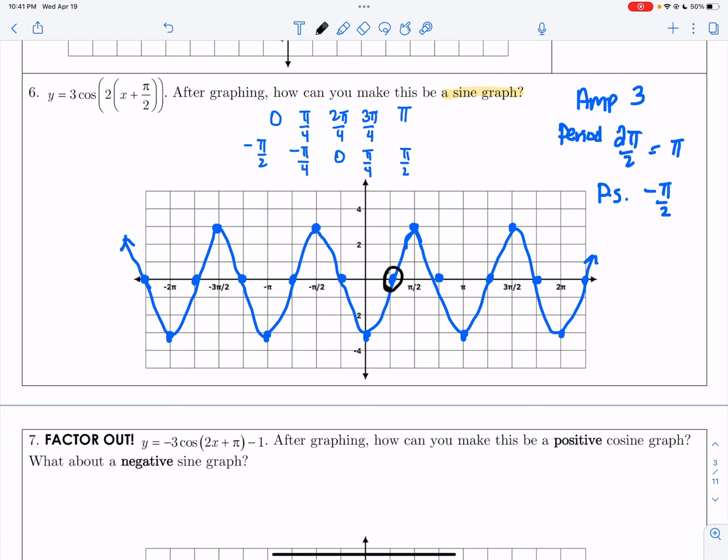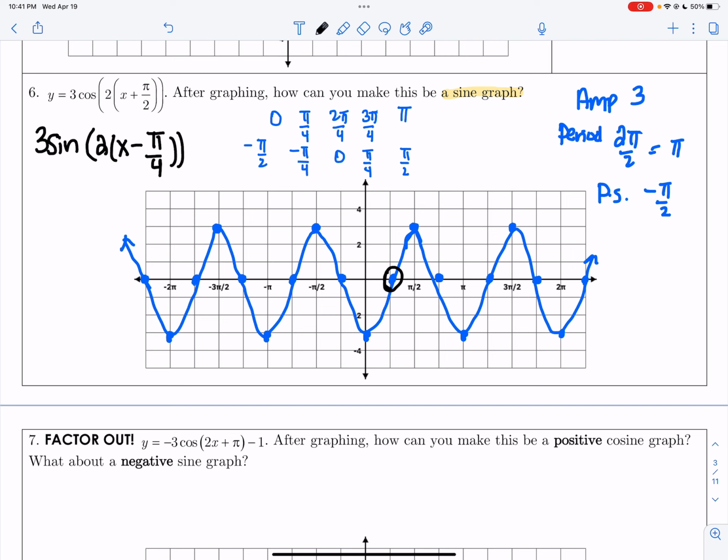So I could rewrite this to be 3 sine of 2 x minus pi over 4. Notice how the only thing that I'm changing is my phase shift, and that's it. I have a phase shift of right pi over 4, so that's why I have a minus pi over 4 right there.